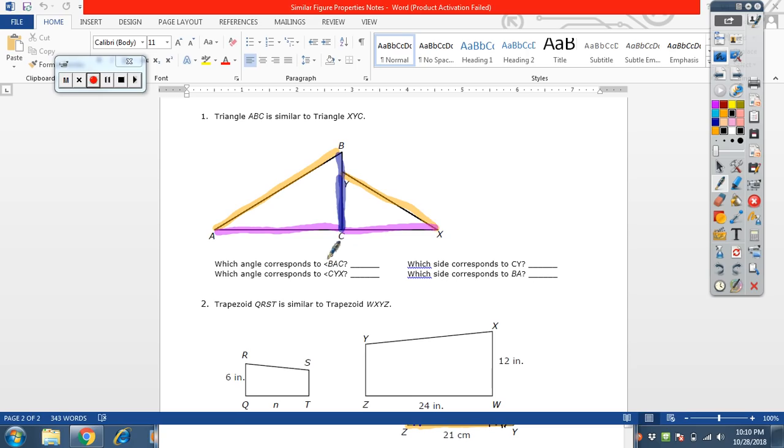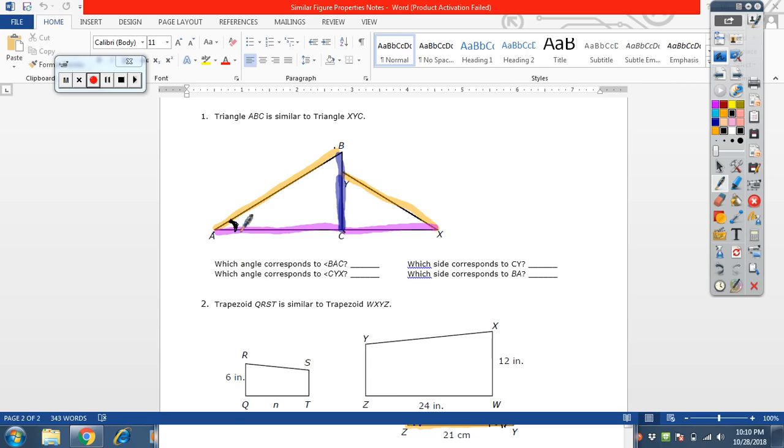Which angle corresponds to BAC? So, to find out what angle BAC is, it's from B to A to C. Which angle corresponds to BAC?